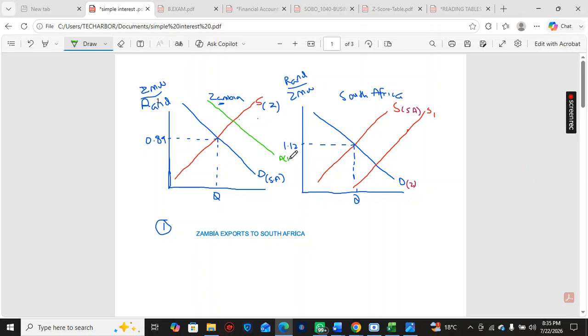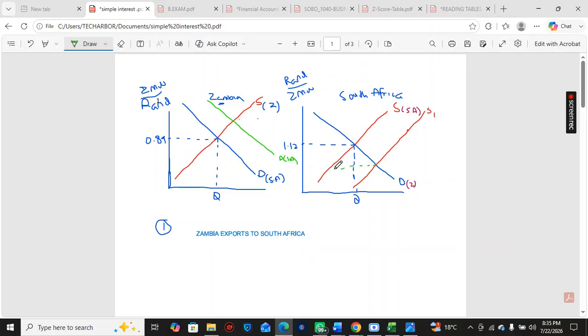Now let's see what happens to the exchange rates. Since the South Africans are supplying the rand, an increase in supply, the exchange rate will drop here. When the supply of a currency increases, its value depreciates.